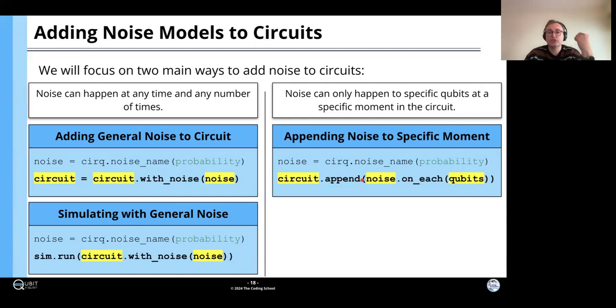This just allows a little more control for you over how you do this, and it really just gets buried into your circuit at a specific point to a specific qubit. What I want to emphasize here is this really is structured the same as appending a gate or a measurement or anything else that we've seen. Whereas on the left, this is an entirely new thing. We're saying we have a version of the circuit with noise throughout.